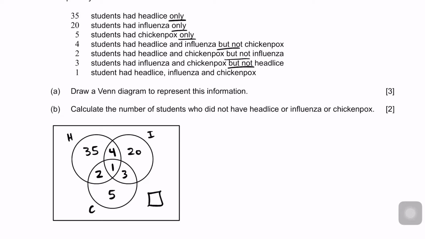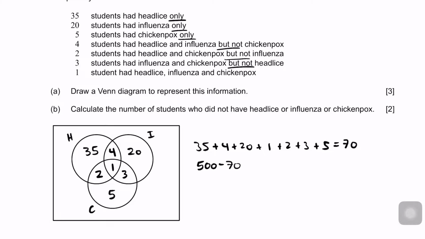Some are left over. So let's go ahead and add up all of the individuals with some of these conditions. So these 35 plus 4 plus 20 plus 1 plus 2 plus 3 plus 5. All of these individuals are accounted for. They have head lice, influenza, or chickenpox. And if we add this up, it should equal 70. There are 500 students altogether, and we know that 70 of them are accounted for within these sets.